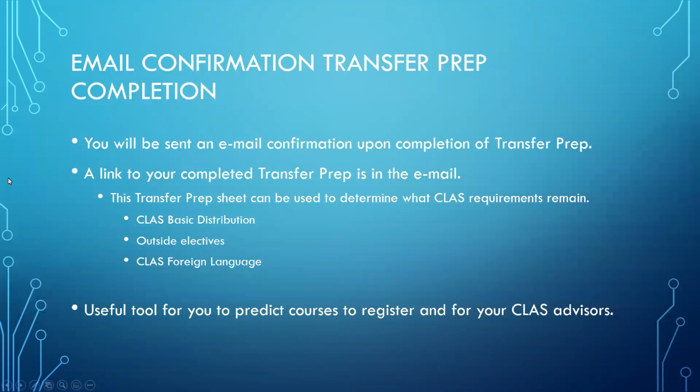Okay, so email confirmation with a link to the transfer prep summary. You can use that to help you determine if there's any remaining basic distribution, outside electives, or maybe a language requirement or a lab requirement. It will be helpful when you see an advisor to share your transfer prep summary so the advisor can confirm the information that you have provided.